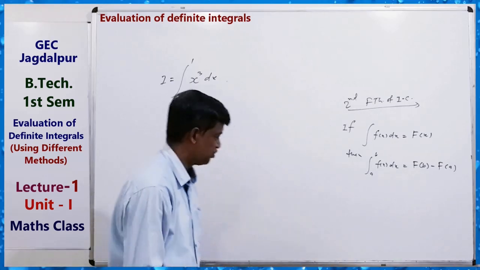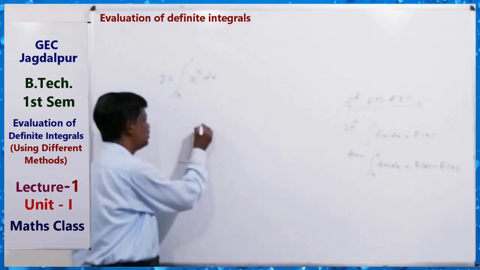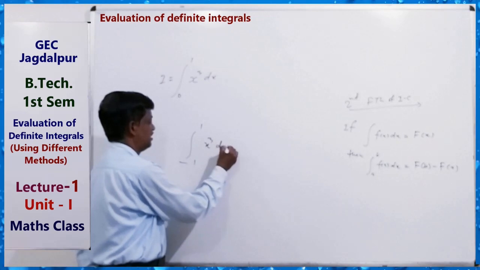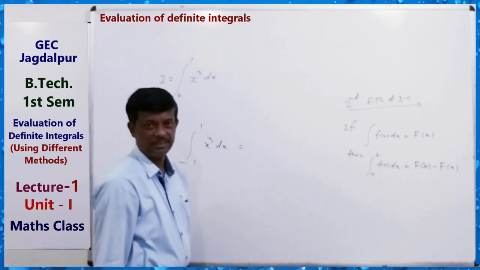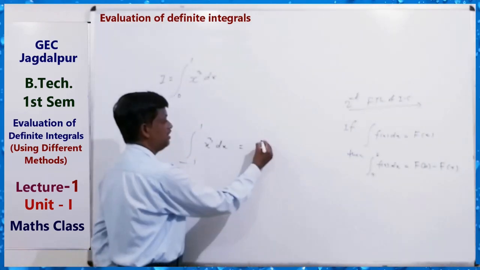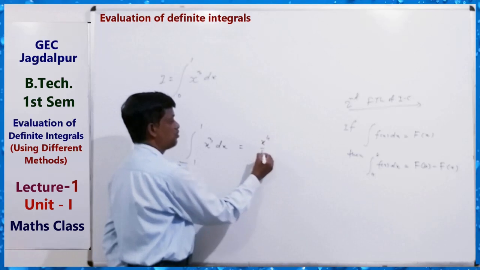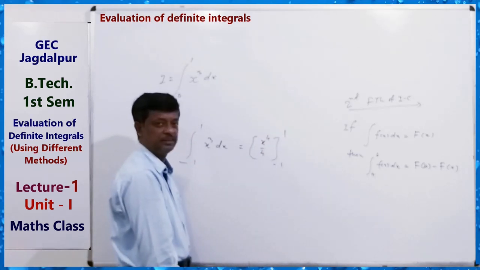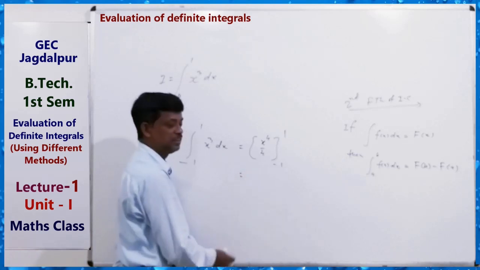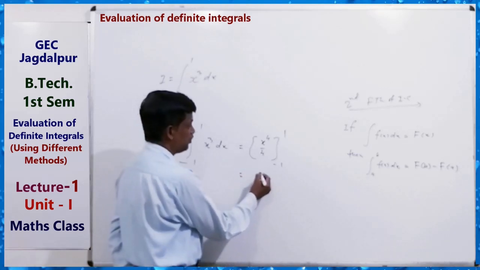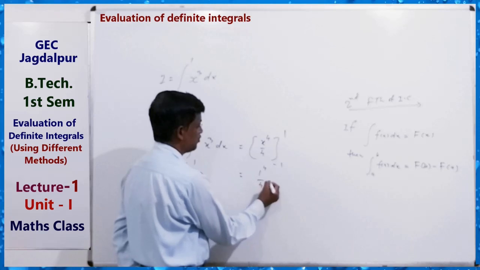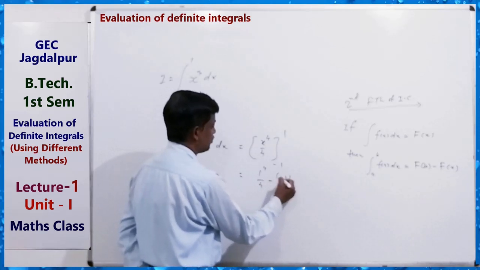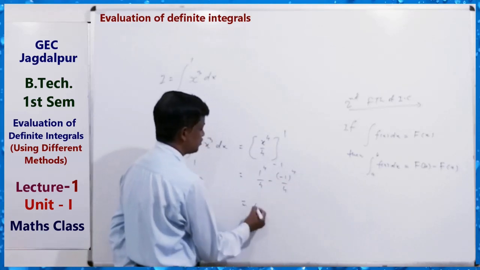Just like this, suppose for the integration from minus 1 to 1 of x cube dx, by using this theorem we can find x power 4 by 4 from minus 1 to 1. So we get 1 power 4 by 4 minus minus 1 power 4 by 4. So this equals 0.